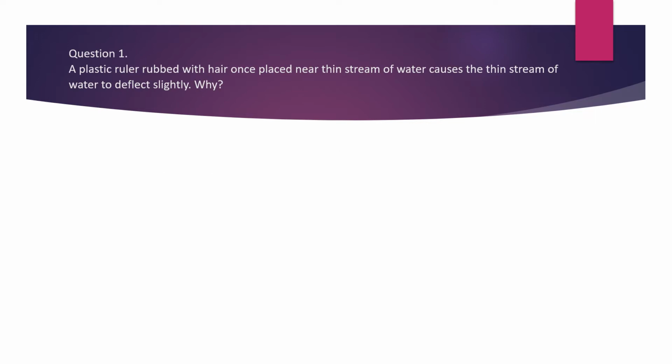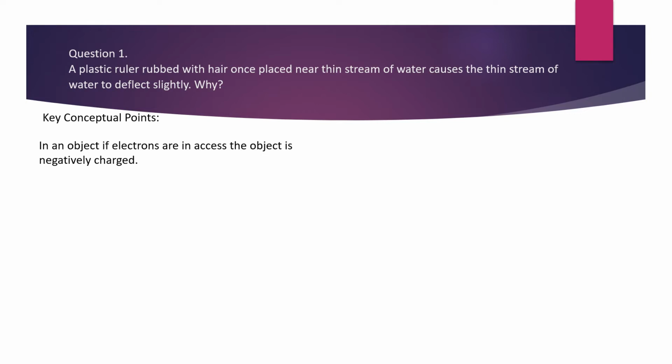Question 1. A plastic ruler rubbed with hair once placed near thin stream of water causes thin stream of water to deflect slightly. Why? Key conceptual points. An object, if electrons are in excess, the object is negatively charged.